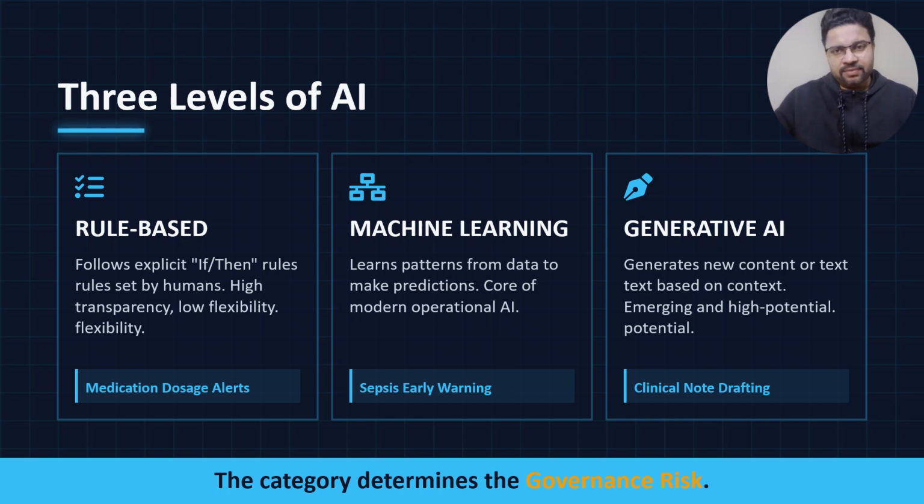Finally, generative AI, which is what we are hearing a lot about these days. This creates new content, like clinical note drafting, and represents emerging, high-potential applications. Understanding these categories is vital because each level carries a different governance risk, which we will explore further when we discuss tools versus embedded systems.